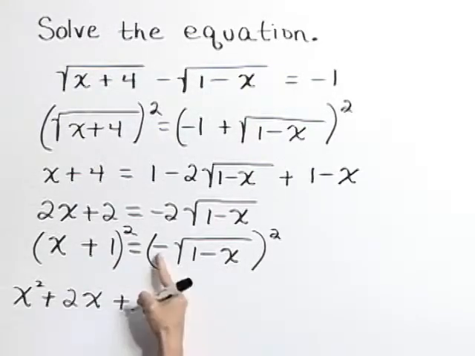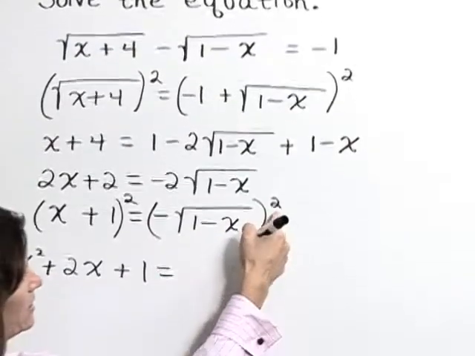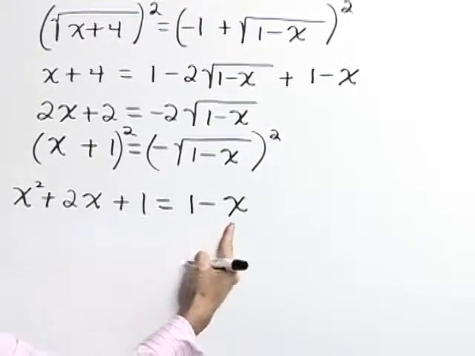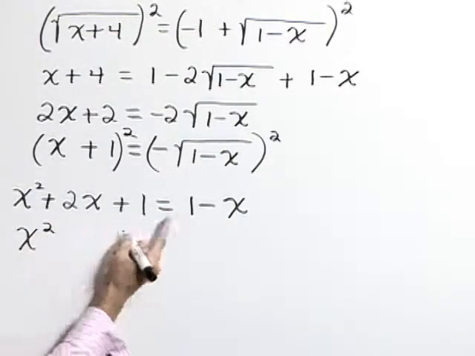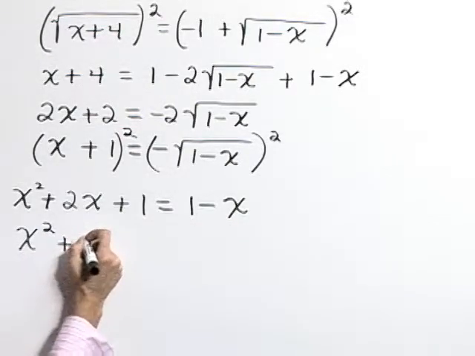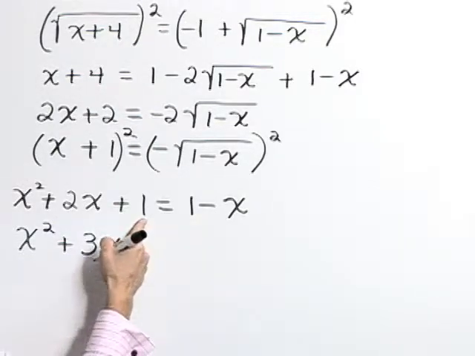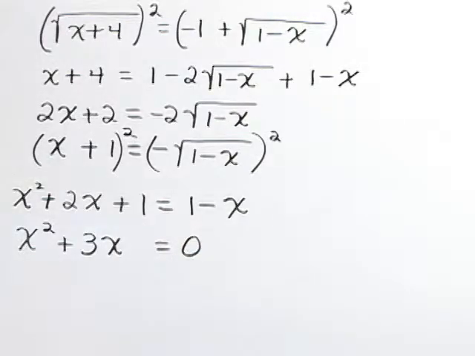That's equal to, negative sign squared cancels, the square root of 1 minus x, quantity squared, is 1 minus x. Now we've got a quadratic equation that results. Let's put it in standard form. Add x to both sides to give x squared plus 3x. Subtract 1 from both sides, those cancel. So this is equal to 0.